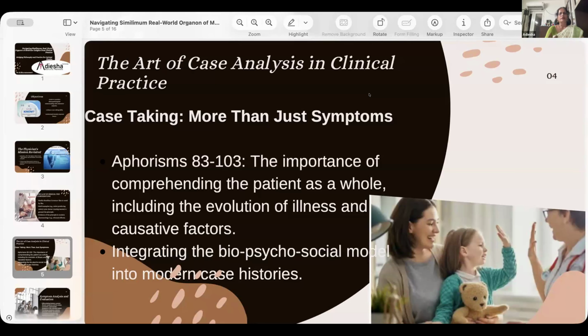This helps the physician and eases the selection of similimum as well as the need for repetition of doses, and it acts as a compass to select the potency as well as the similimum.